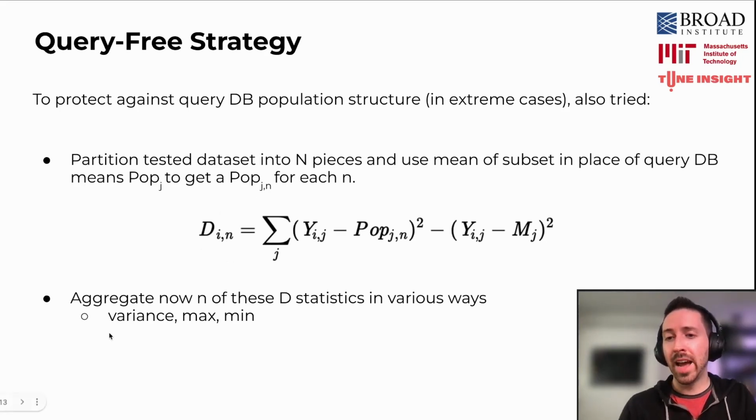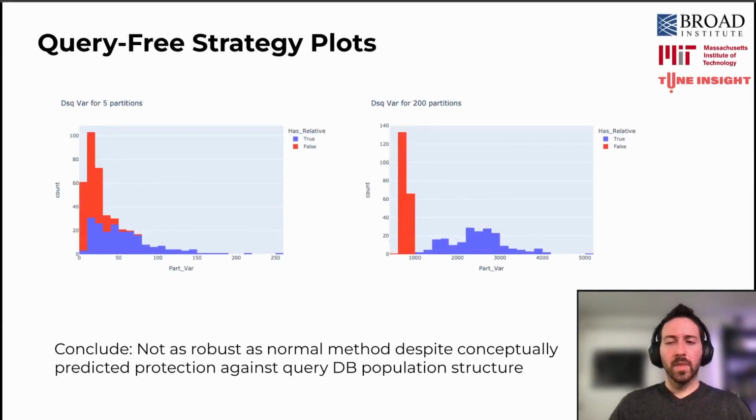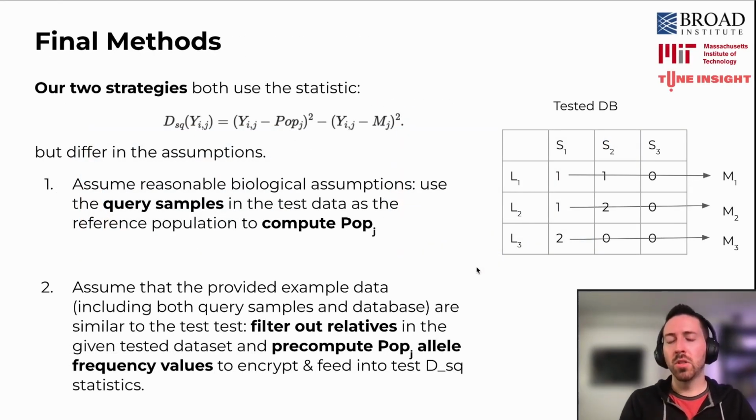Then we could aggregate these over the different n to get a final d-statistic for each sample to see if this would help disambiguate between those with relatives and those without. Unfortunately, this strategy didn't seem to be very useful. Here we tried taking the variance over the different d-statistics, and it was not successful in separating between the different categories.